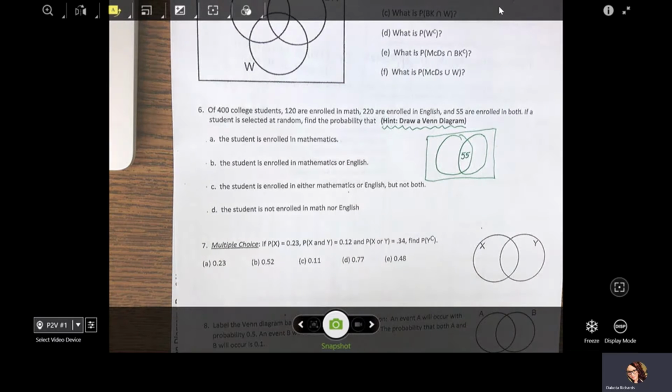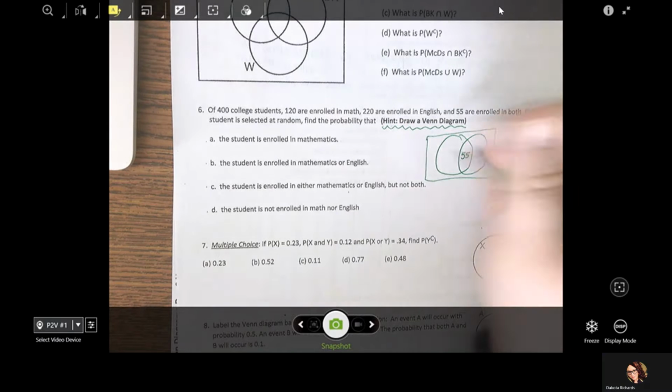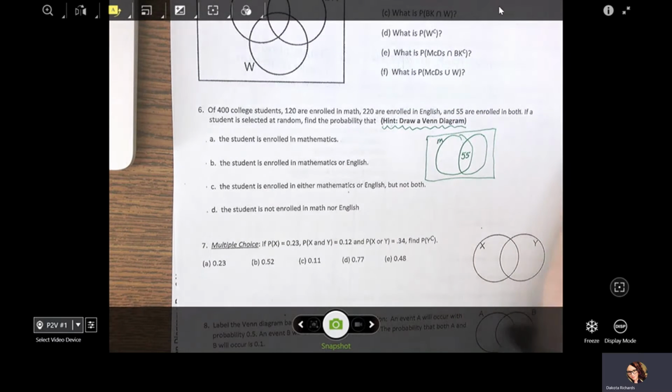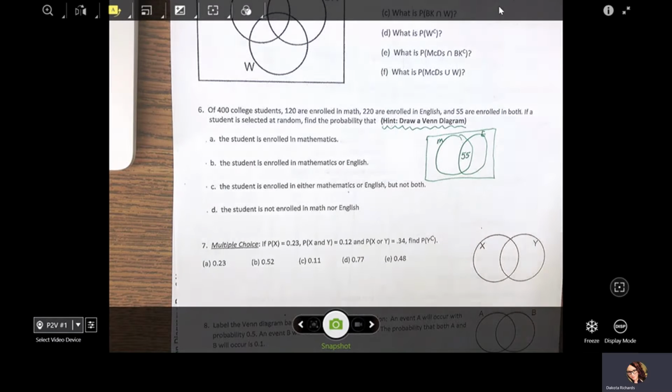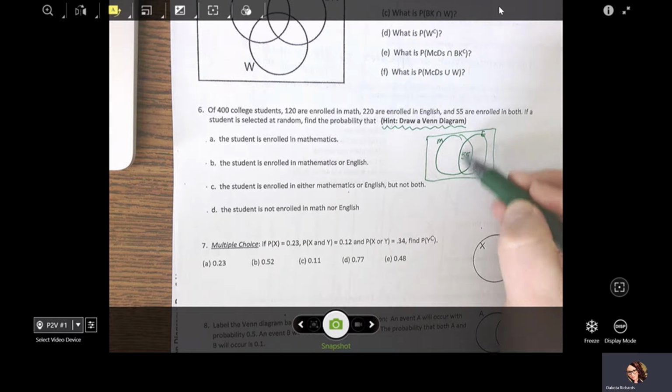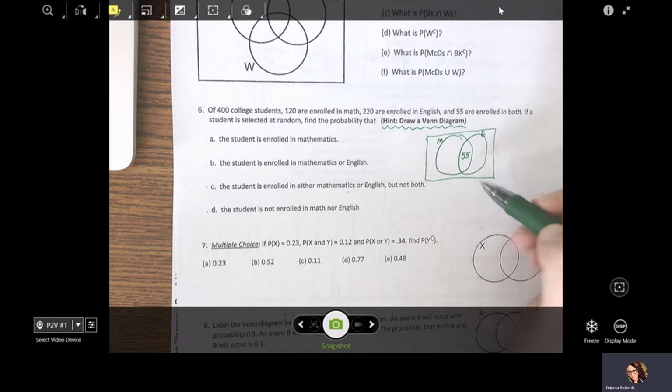Okay, to figure out the other numbers, you're going to have to subtract. All right, so let's call this math, and let's call this English. We'll say M and E for short. So this bubble or circle represents the students enrolled in math. This bubble or circle represents the students enrolled in English.